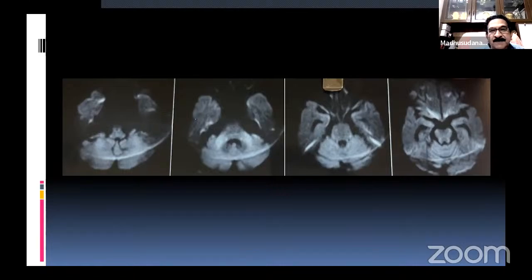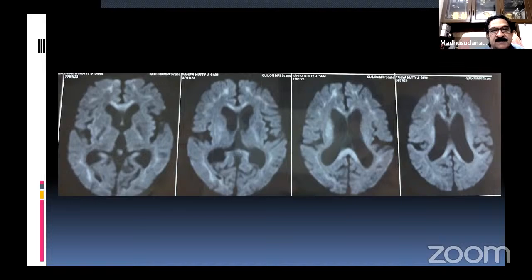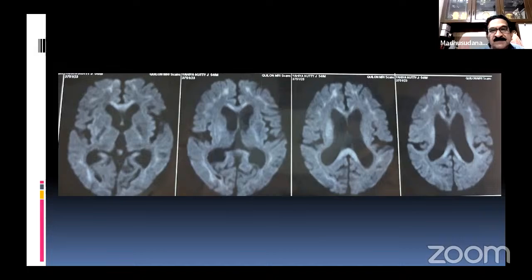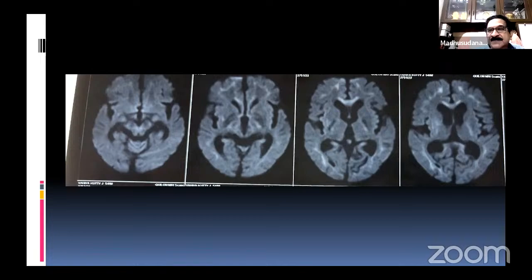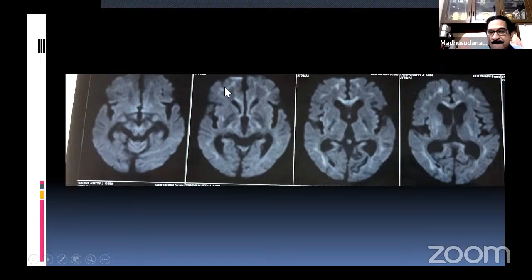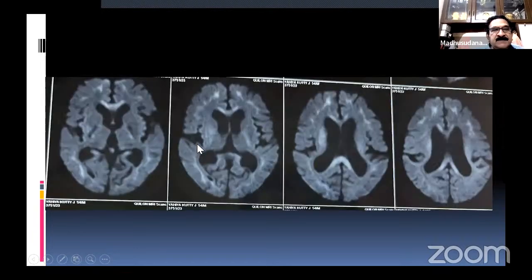There is middle cerebellar peduncle hyperintensity. And if you look at the subcortical white matter in the U fibers, the corticomedullary region, and look at the splenium also showing hyperintensity in the diffusion. And look at the hyperintensity just like a ribbon in the corticomedullary region. You can make it out very clearly here also. Some diffusion restriction. Here there is a large area of diffusion restriction.